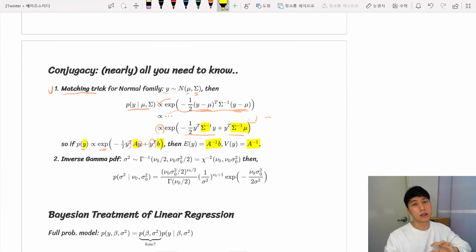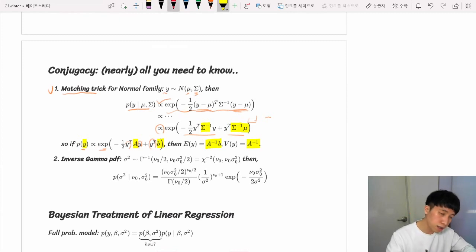Alright, this is just matching, right? There's no voodoo special magic right here, but this trick is very important. It comes in very handy when you go through some hairy maths that we're going to cover later in parts.